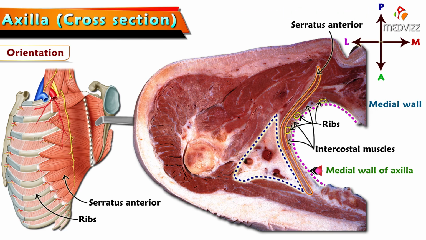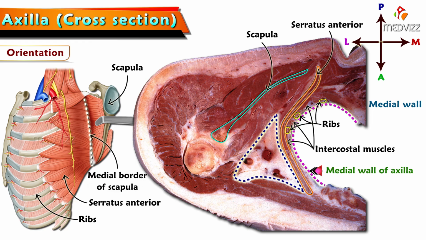Here we can see a thin plate of bone, like a thin white line, which is the scapula. We can see the serratus anterior inserting to the medial border of the scapula.